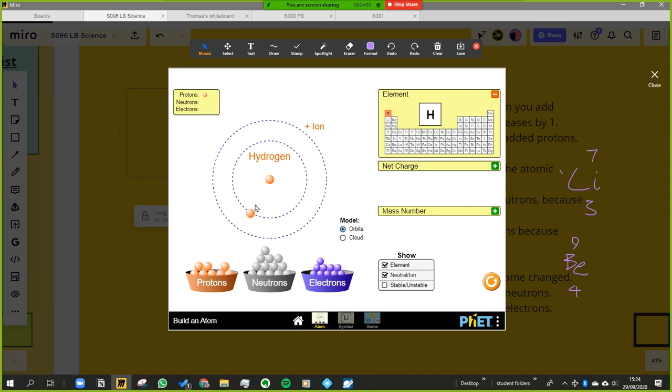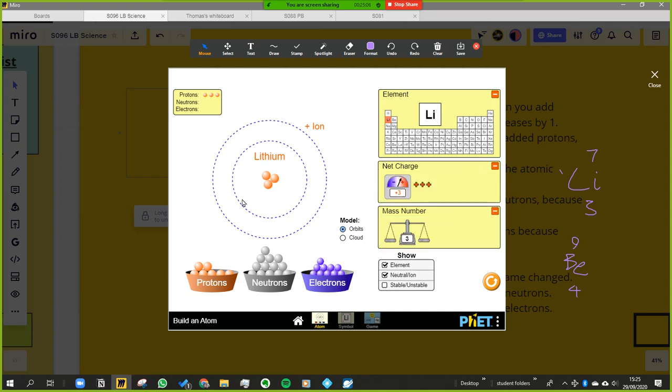So when I add another proton, we get helium. The next one along, into the next row, is lithium. So that's lithium. Remember, if I know what element I want to make, I do nothing more than just start adding protons, and then I can see what I've got. It looks like the next one's going to be beryllium. So if I add another proton, there it is, beryllium.